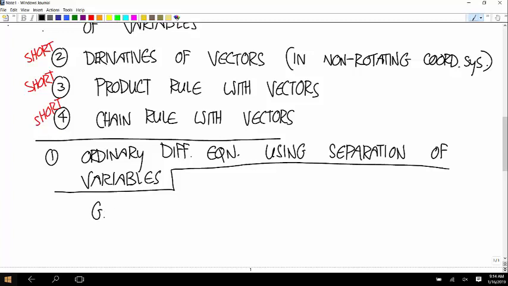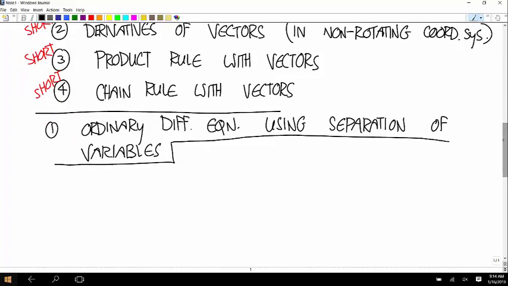So first, let's talk about ordinary versus partial differential equations.